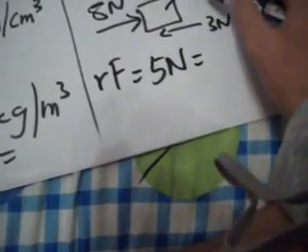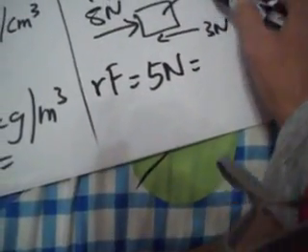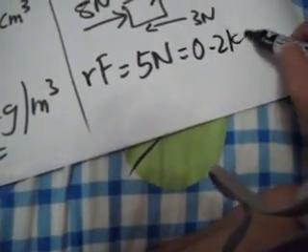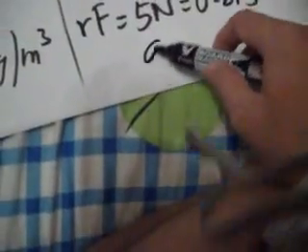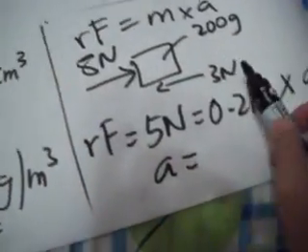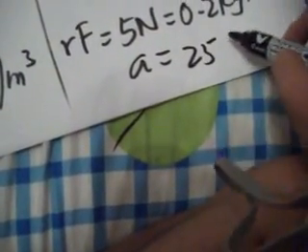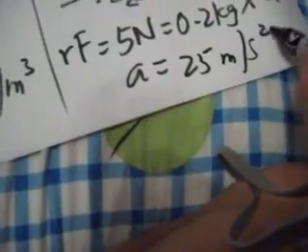Now if the box is say 200 gram, then there'll be 0.2 kilogram times a, and therefore the box will move to the right, of course, with 5 divided by 0.2, which is 25 meter per second square. Of course, this example is rather fast, the acceleration is rather big.